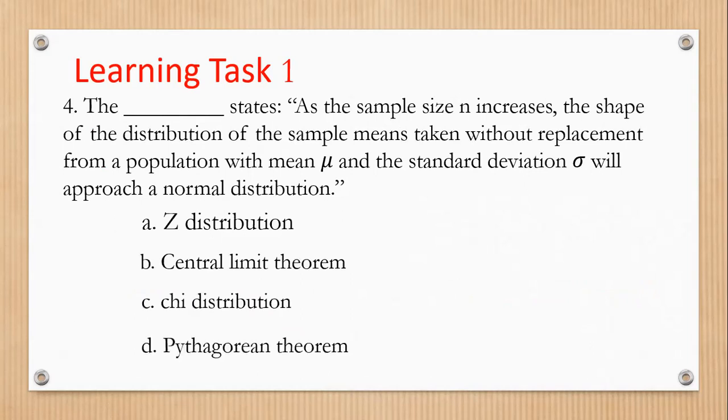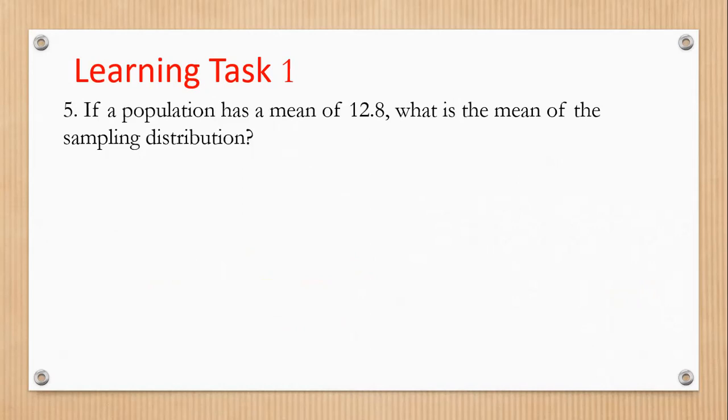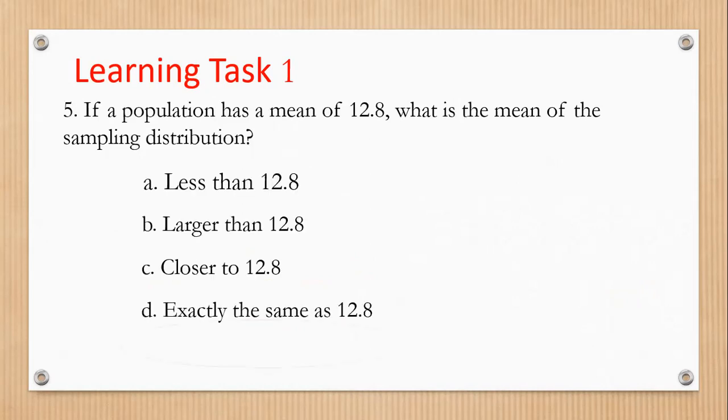Our answer will be central limit theorem, since the center of our discussion is about the central limit theorem. For the last question, as is stated in the first question, sample mean given, population mean, then it will be the same. In this case, the population mean is given, therefore, the sample mean is exactly equal to 12.8.